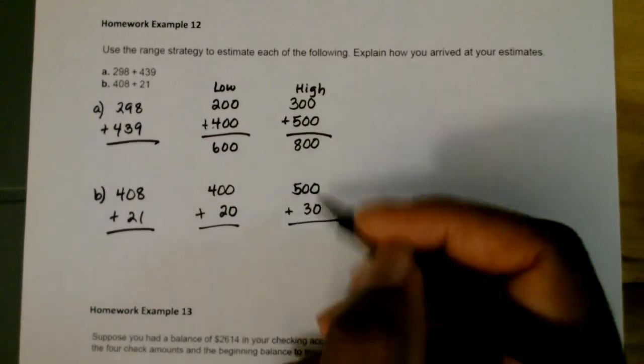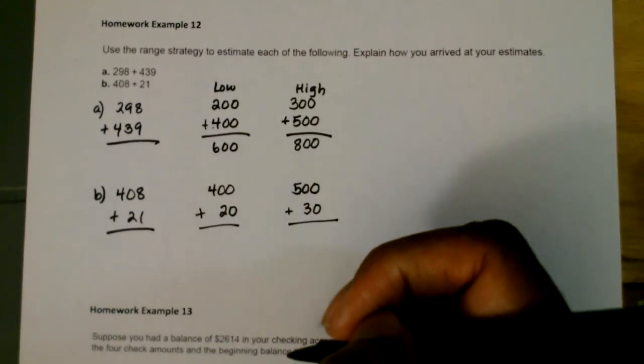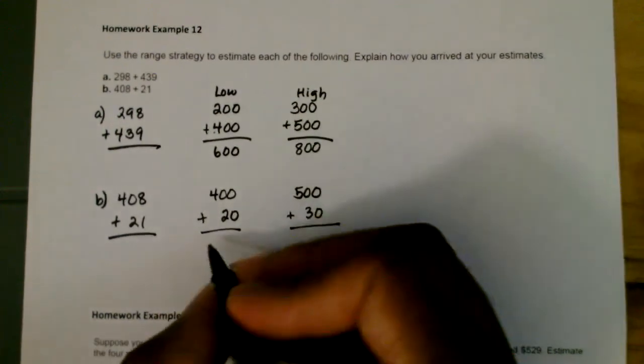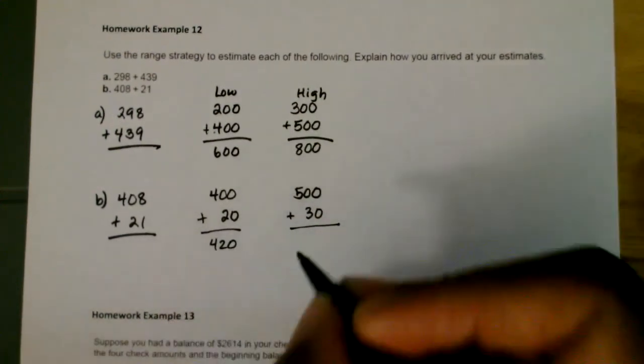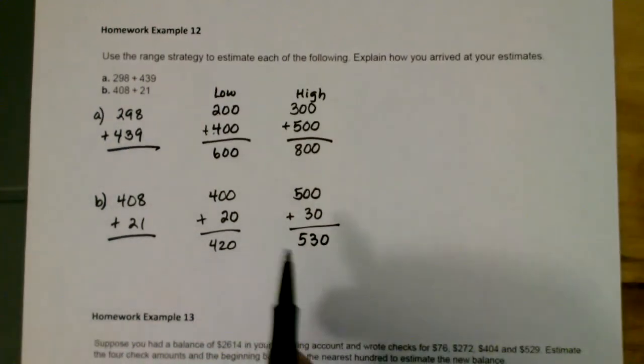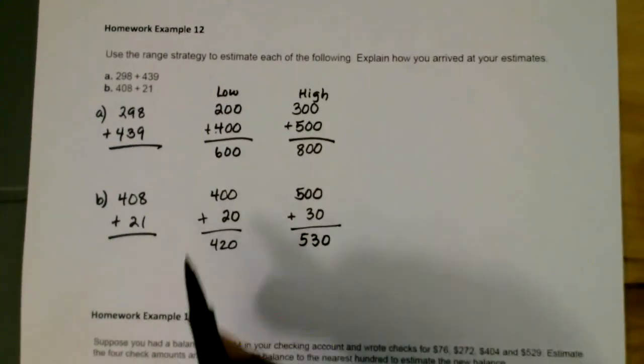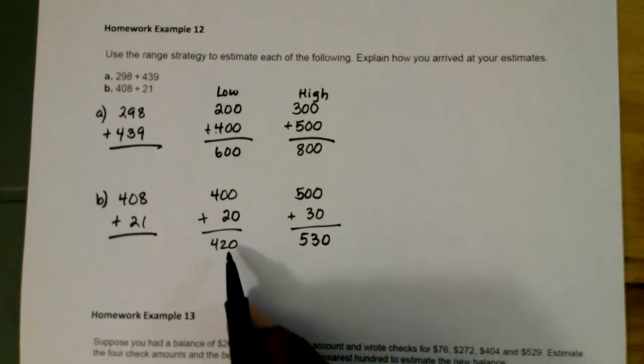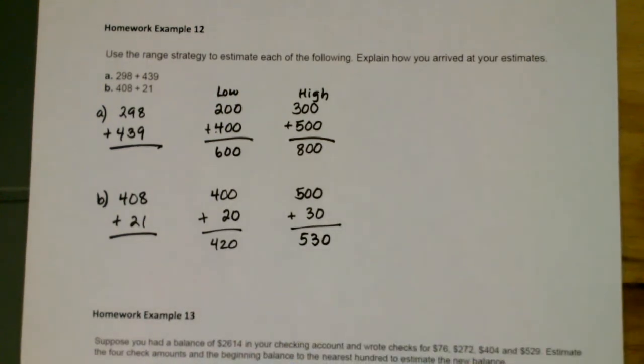Add your low estimates and add your high estimates, and you'll get the range. 400 plus 20, that's 420. 500 plus 30, that's 530. So that means that the sum of 408 and 21 will be between 420 and 530.